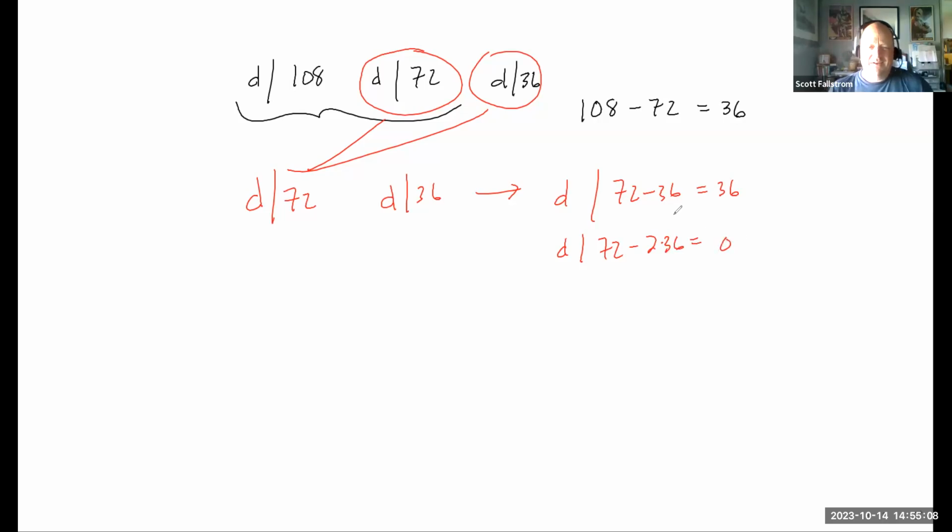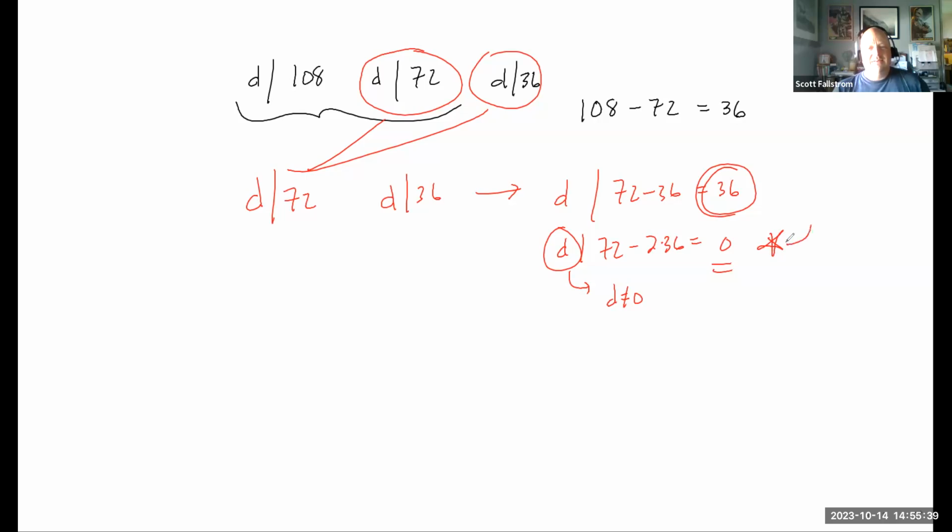So you need to find a number D that divides 36 and also divides 0. And as a big hint here for the 0, as long as D is not 0, this is guaranteed to be true. 42 divides 0, 67 divides 0. So this bottom one really doesn't do us much good, although it does indicate a stopping point. Once you get down to 0, you don't have to go any further.